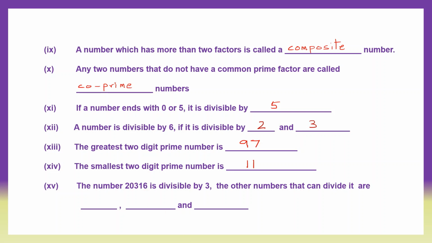And if it is an even number, it is divisible by 2. Now take the last two digits. The last two digits are 16, so it is divisible by 4. And since this number is divisible by 2 and by 3, it is also divisible by 6.